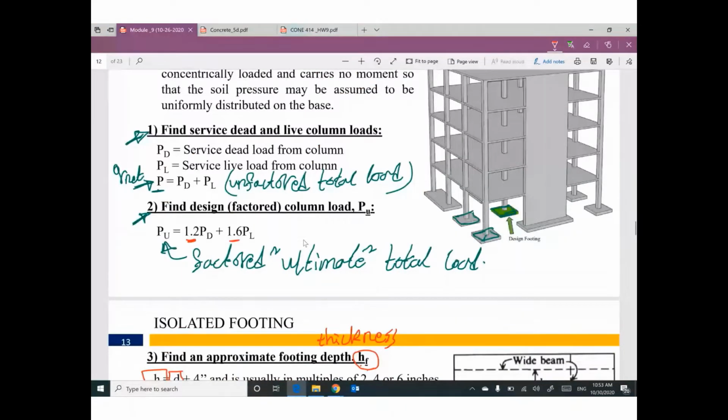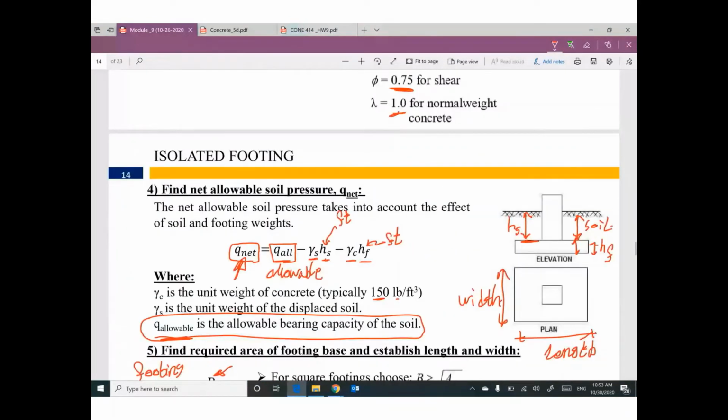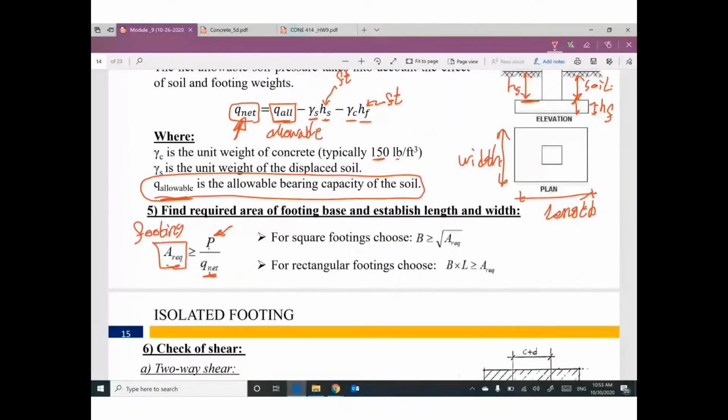Divide by Q net, I can figure out the area required. Guys, if your column is a square column, your footing will be square also. If the column is a rectangle column, your footing will be rectangle.